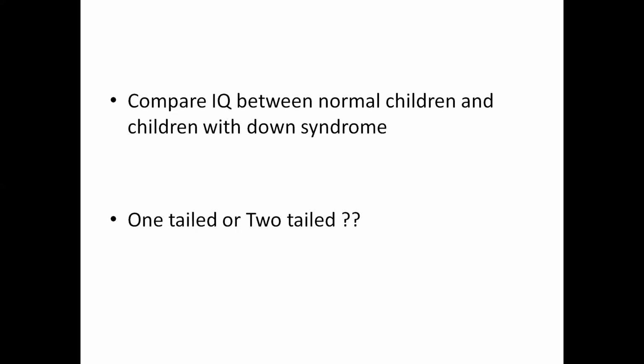The reason behind this: suppose there is a neurological disease we used to see, called Guillain-Barré syndrome. The standard treatment is IVIG, immunoglobulin. The cost of this drug is very high, so everyone cannot afford it. So there should be some alternative.